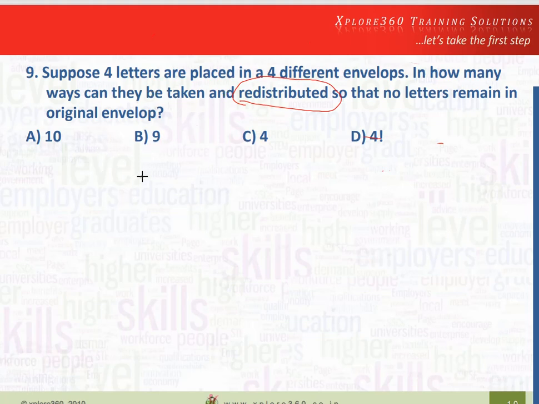So the straightaway formula is n factorial into 1 minus 1 upon 1 factorial plus 1 by 2 factorial minus 1 by 3 factorial; for odd terms it is minus, and for even terms it is plus, dot dot dot, minus 1 to the power n into 1 by n factorial. I won't go into detail of how this formula is deduced. Straightaway remember this formula, apply it, and you will get the answer.